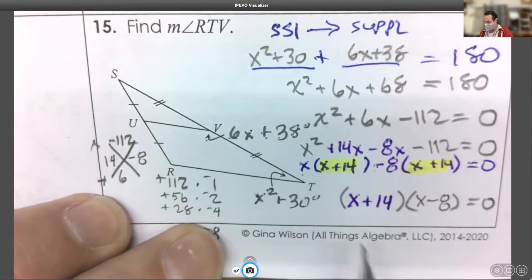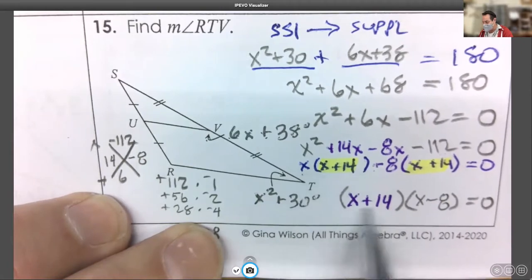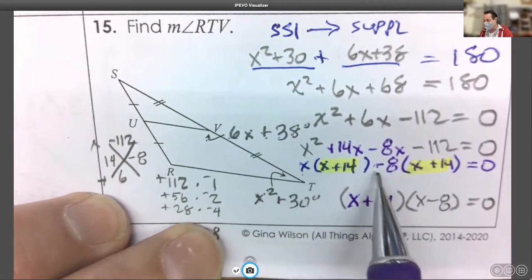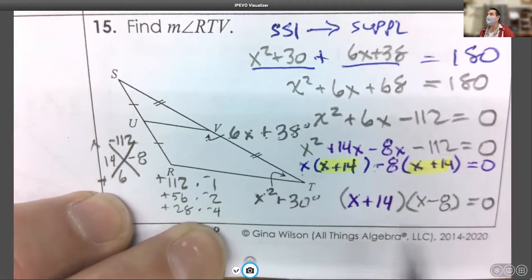And if I check myself, X plus 14 times X would give me this, X times X plus 14. And X plus 14 times negative 8 would give me negative 8 times X plus 14. But I've gotten it to my zero product property.